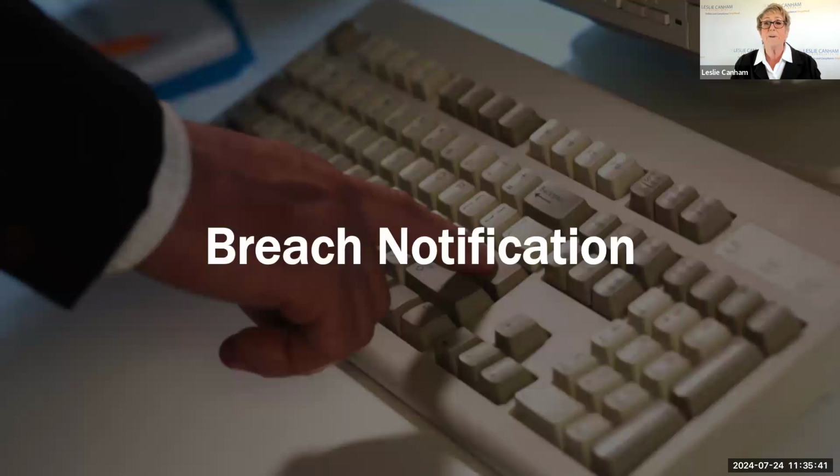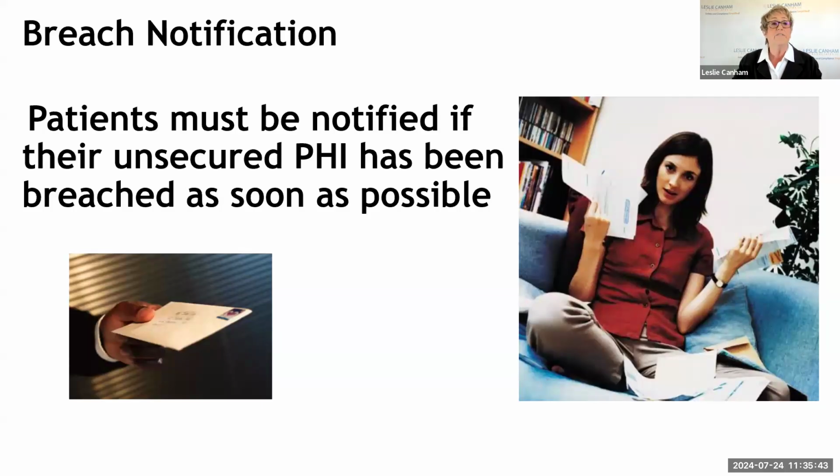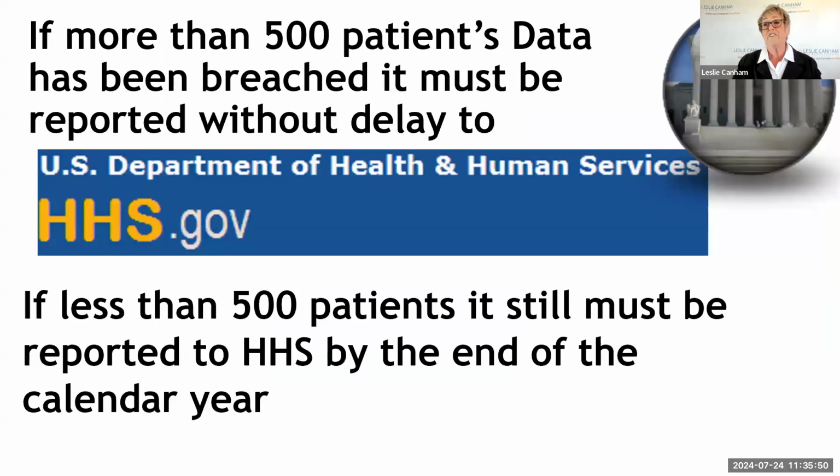notification. Our patients must be notified as soon as possible if their unsecured protected health information has been breached. If more than 500 patients' data has been breached, it must be reported to Health and Human Services without delay. If it's less than 500 patients, then it must be reported by the end of the calendar year to Health and Human Services.